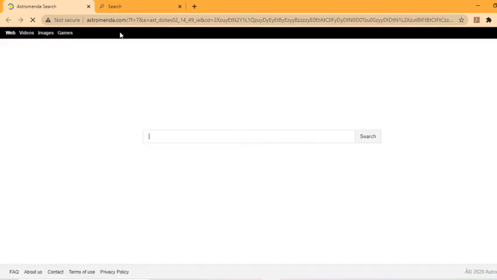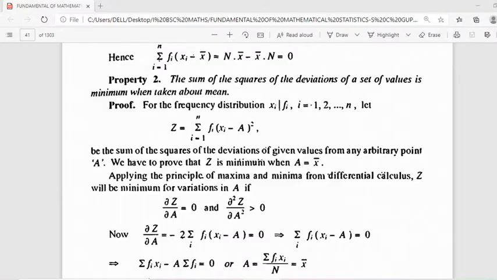Okay, I'll give you an example using some figures. Let us wait for some time because it is coming down.